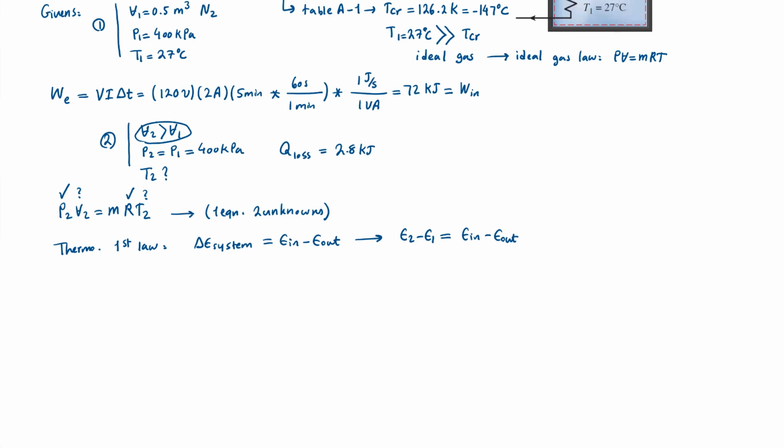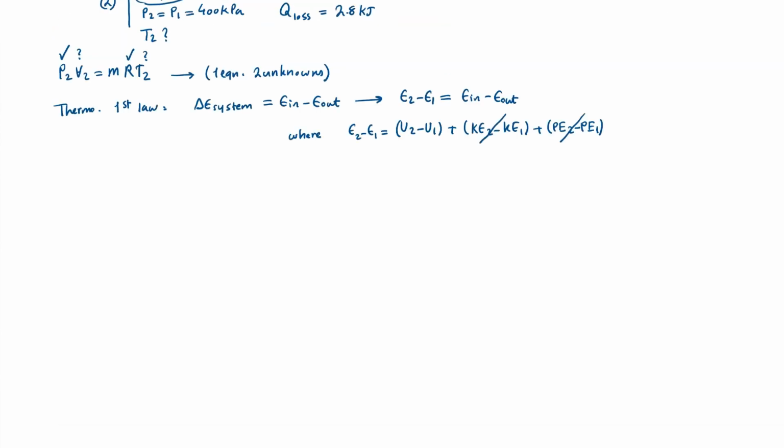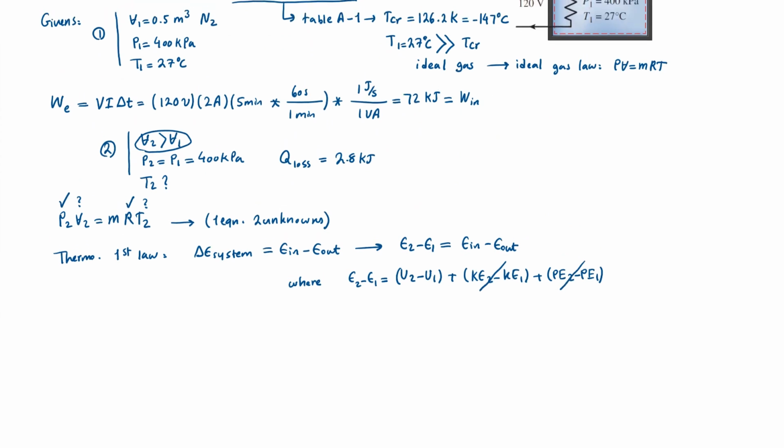Left-hand side, E2 minus E1, is change in internal energy plus change in kinetic energy plus change in potential energy. I'm going to assume that the system is stationary, so there is no change in kinetic energy and no change in potential energy. This is my assumption.